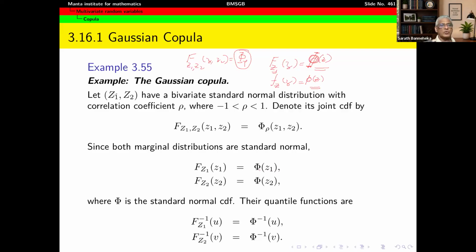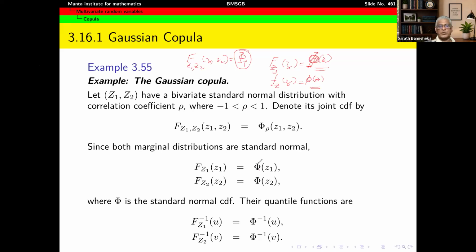Let Z1, Z2 have bivariate standard normal distribution with correlation coefficient rho. Denote its joint CDF, which is in the usual notation this one, but we will specifically use this notation, capital Phi_rho within brackets z1, z2, to denote this. And both marginal distributions are standard normal.